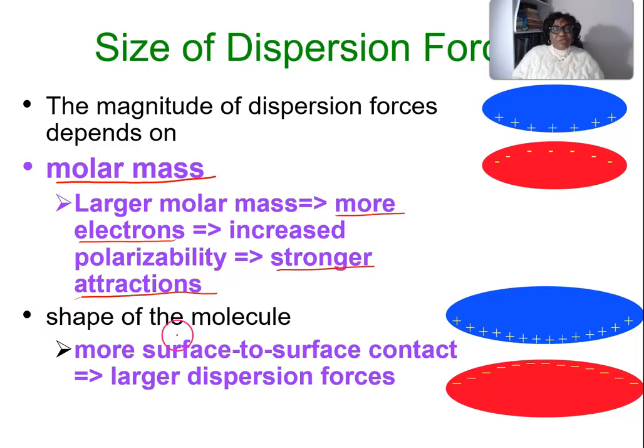The shape of the molecule too has an effect on the strength of dispersion forces. More surface-to-surface contact means larger dispersion force. So you can see here, this is stronger than this.